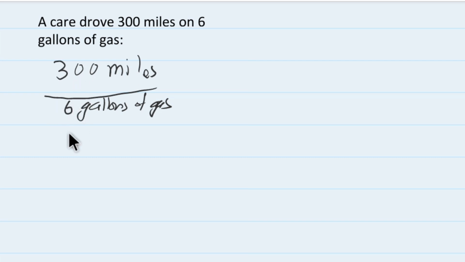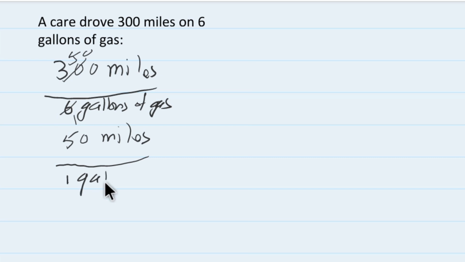So if we simplify this fraction, we get 6 times 1 is 6, 6 fives are 30, 0. So for 50 miles, 1 gallon of gas will be used. So 1 gallon of gas is enough for 50 miles.